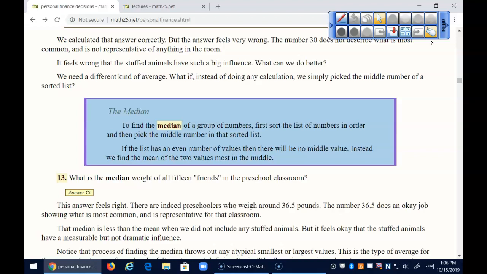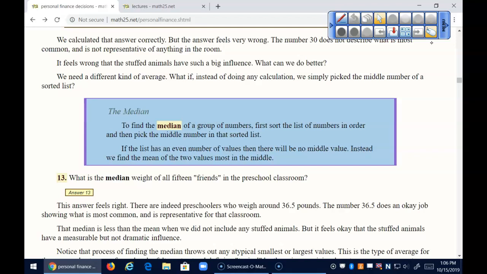Now, if the list has an odd number of items, there will be one that's the middle item in the list. So that will be your median. If your list is even, then when you discard, starting at the edges and working towards the middle, there's going to be 2 left. Does that make sense?